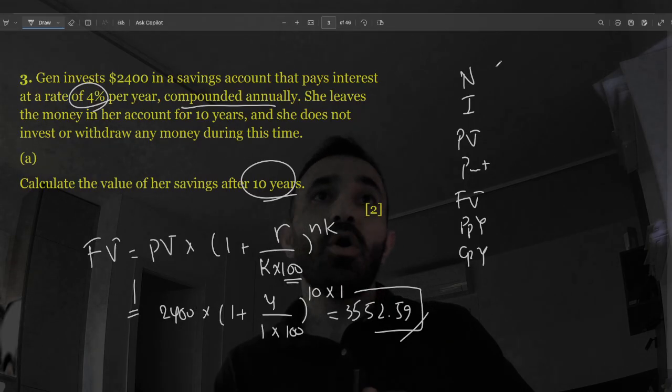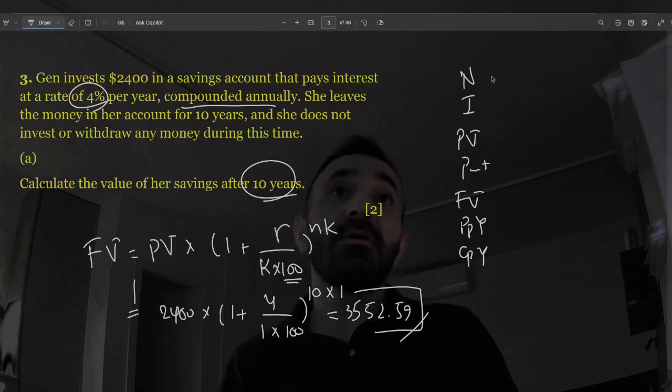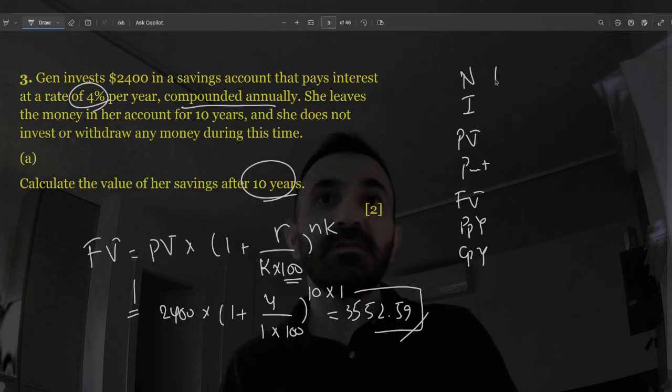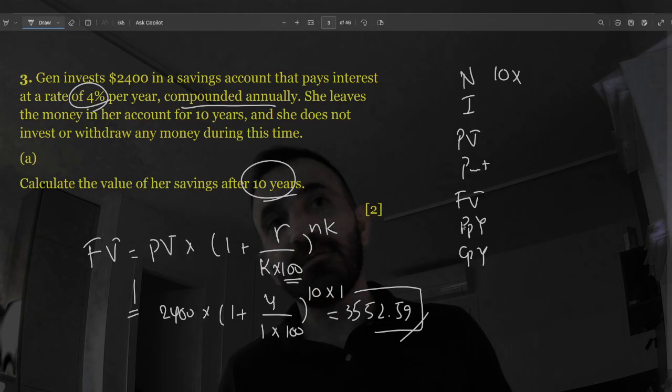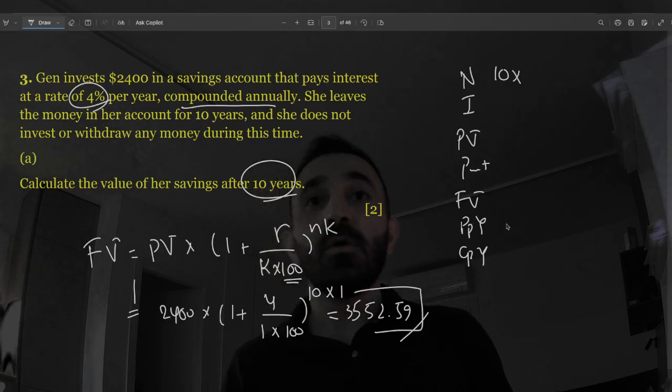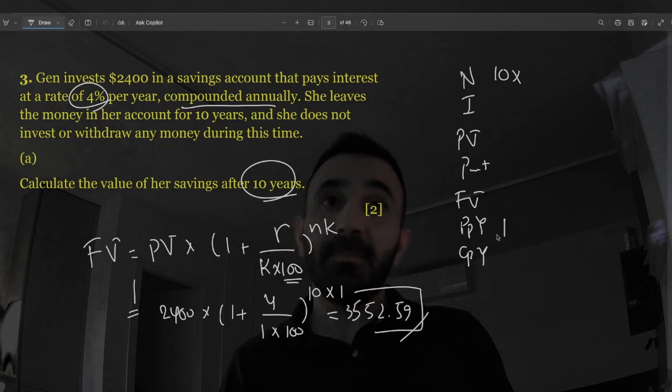Now how can I use the finance solver? N is the number of years, which is 10 times PPY. What is PPY? PPY is the value of K in the formula, the number of compounding, though PPY is a little different than K, so be patient. I is 4%.